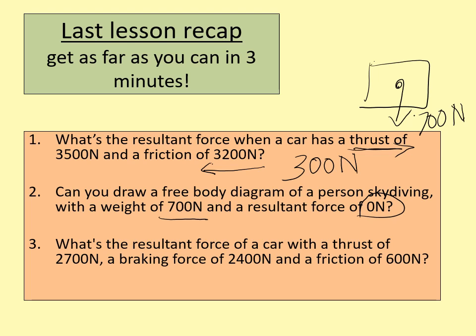He is skydiving, so he's moving through air. Which should be the other force acting on him? Yes, air resistance. But since the resultant force is 0, it tells us that the other force acting on the person has the same magnitude but a different direction.